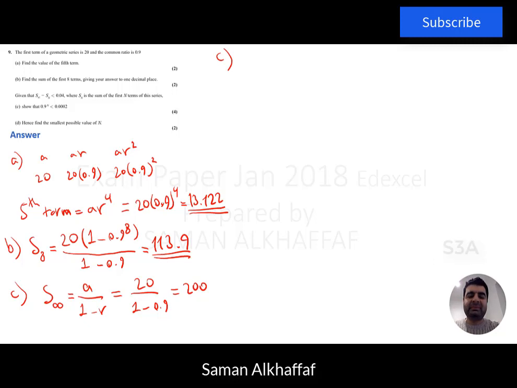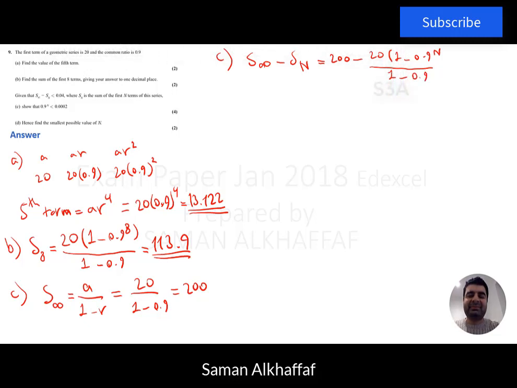So we have S to the infinity taken away from S to the n, and that will be 200 taken away from 20 multiplied by 1 minus 0.9 to the n, all divided by 1 taken away from 0.9.